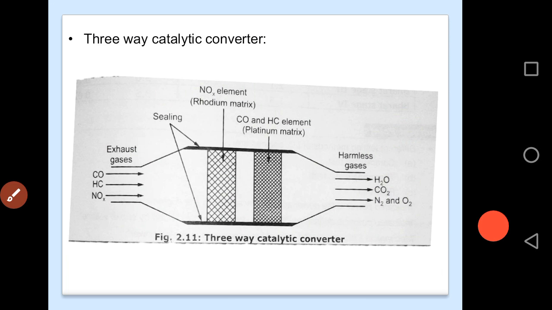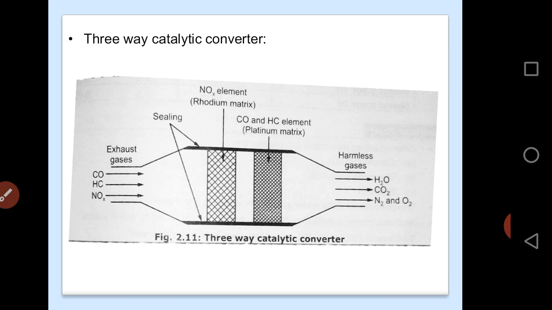Now this is the three-way catalytic converter. Along with carbon monoxide and hydrocarbon, we can also reduce oxides of nitrogen.